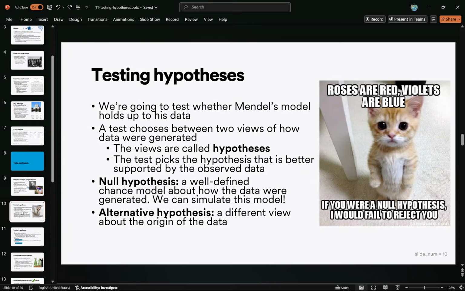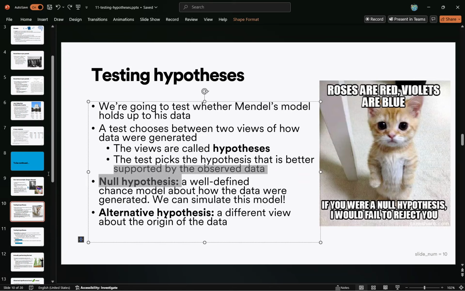Okay, those words make a little bit of sense. I'll give you more examples of them, of course, but that's important. The null hypothesis is some idea that we can simulate very easily. It's our pie in the sky dream of what might be true. The alternative is something that we'll go to if our model doesn't really work out.